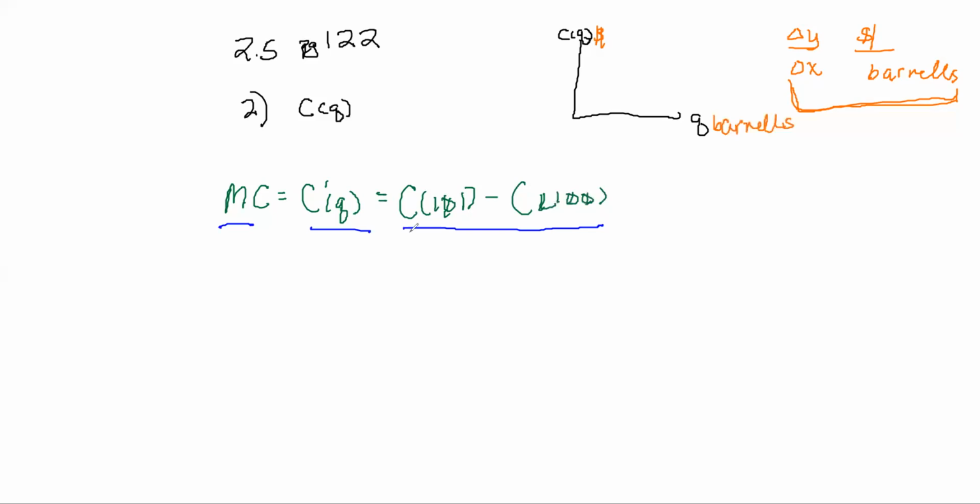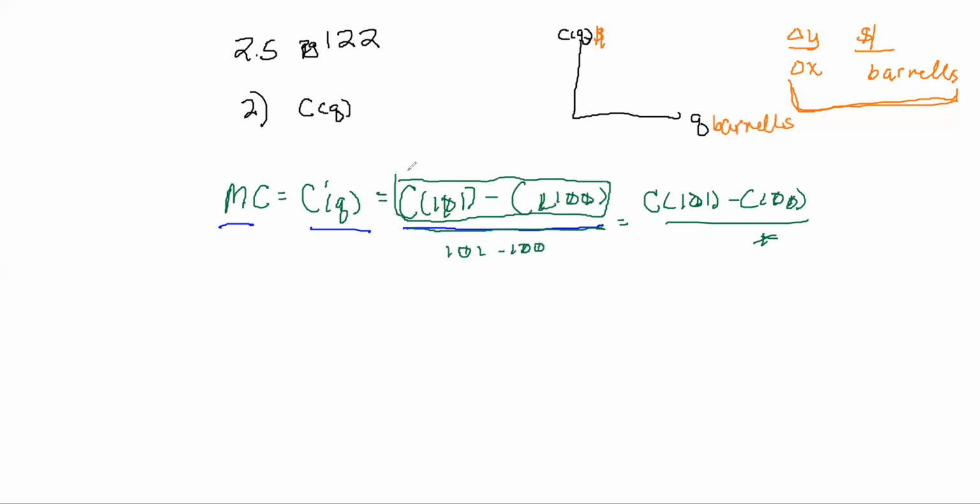This looks an awful lot like our average rate of change problem, right? Then it would be 101 minus 100 on the bottom, which is equal to C of 101 minus C of 100 over 1, and we can get rid of the 1. So that's why they write it like this. Okay, is everybody following me up to here?